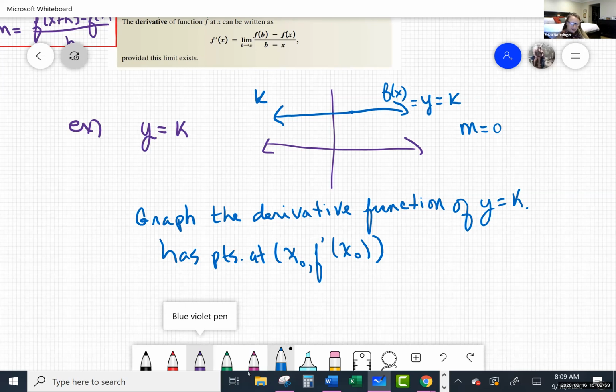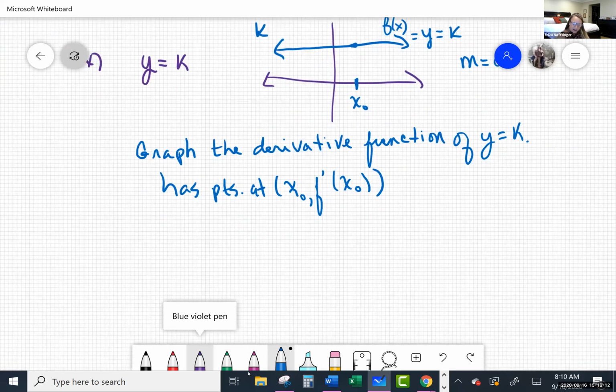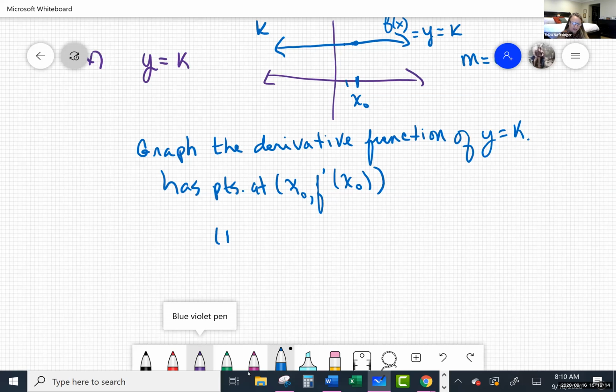If I take this point right here, x of 0, and find the slope right at this point, it's going to be 0. My slope is 0, always, on that horizontal line. And if I took 1 and plotted 1, my slope is still 0. And so here are my points on y prime of x.